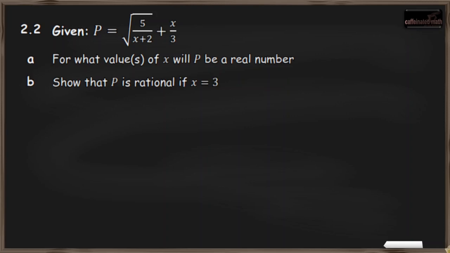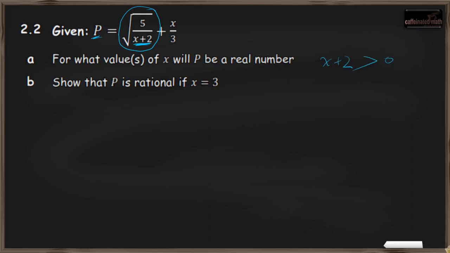for which values, or for what values of x will p be a real number? Now p can only be real if this part is real, and that part can only be real if it's positive, which will depend on that denominator. That denominator better stay positive, which means x plus 2 needs to be greater than 0.